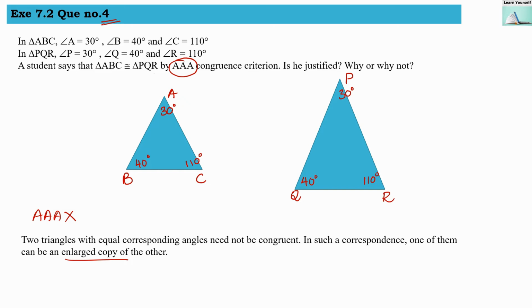Congruence works for SAS criteria, ASA criteria, RHS criteria and SSS criteria. So these four criteria work for triangles, whereas the AAA criteria is not working, and the SSA criteria is also not working. We have to remember that according to these four criteria only, our triangles will be congruent to each other.